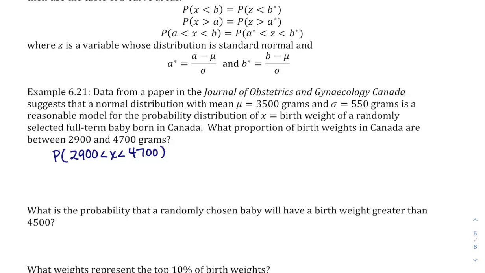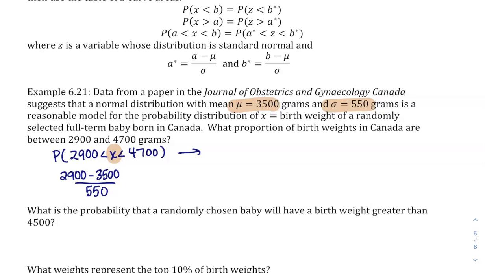Now notice I am using an x here and not a z, because z specifically comes from a standard normal distribution, and this distribution is not standard. It's a different mean and standard deviation. So in order to do this problem, we need to turn it into z values. So you take that 2,900, you subtract the mean, and then you divide by the standard deviation.